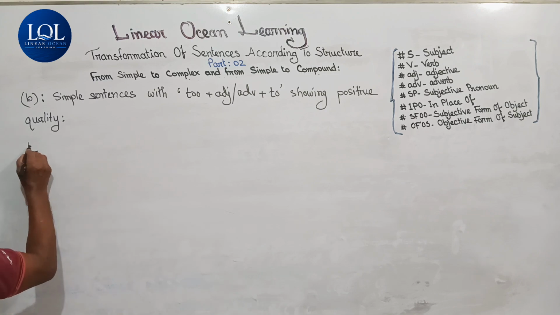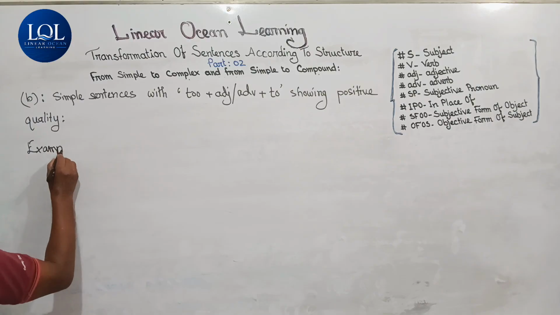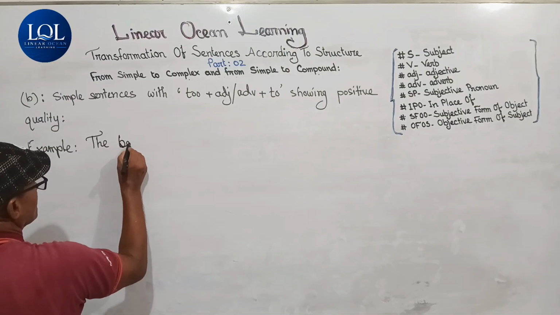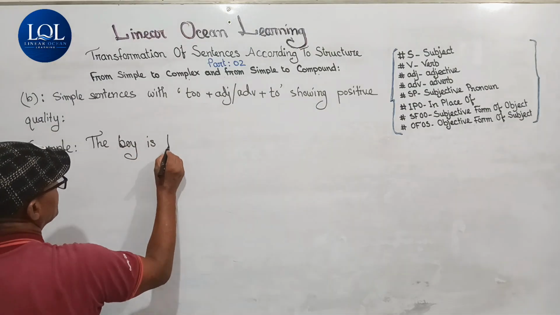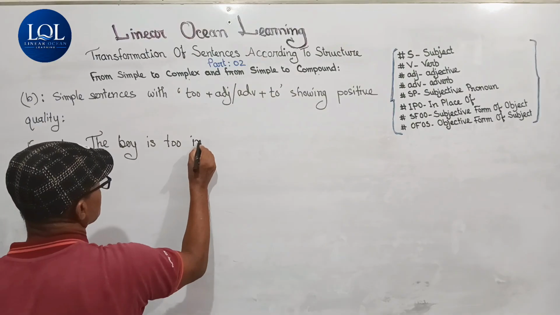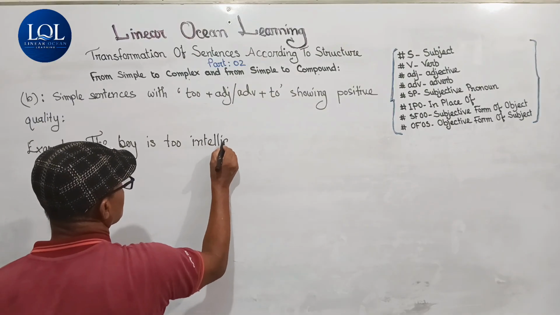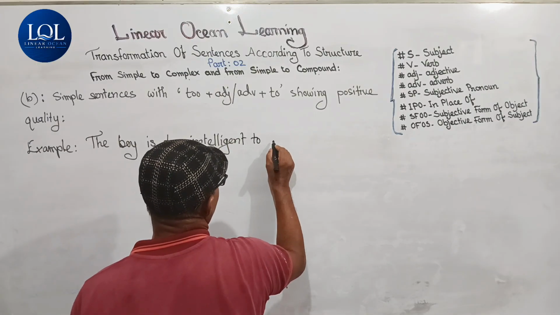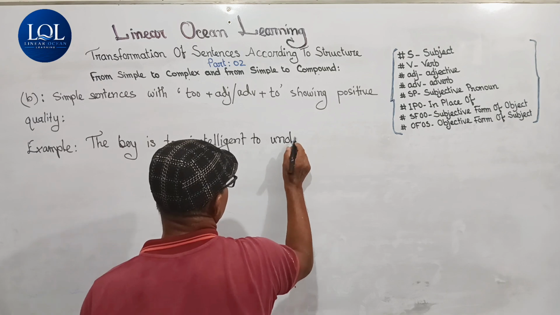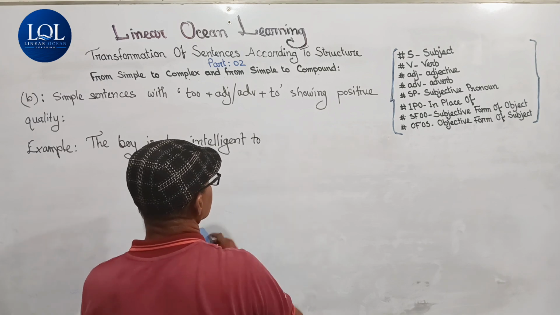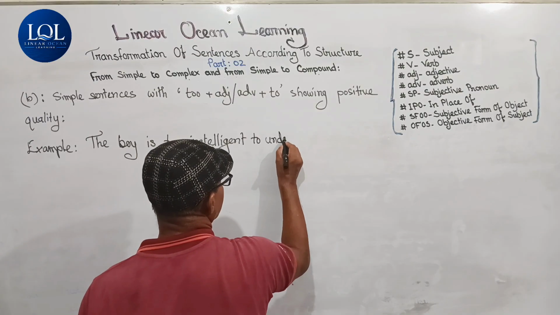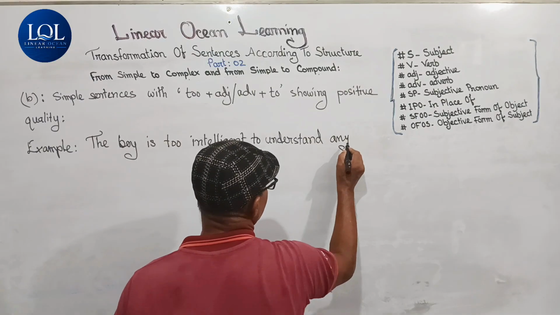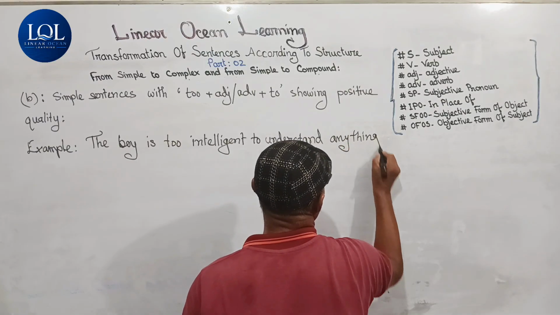Example: The boy is too intelligent to understand anything easily.